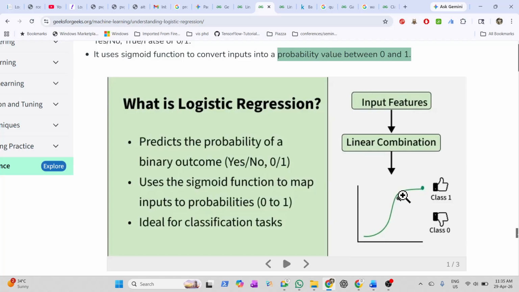Then on this sigmoid function, if you put a line in the center of it, all the probability values equal to or above 0.5 belong to class 1, and below 0.5 is class 0. Like that, logistic regression determines the class.